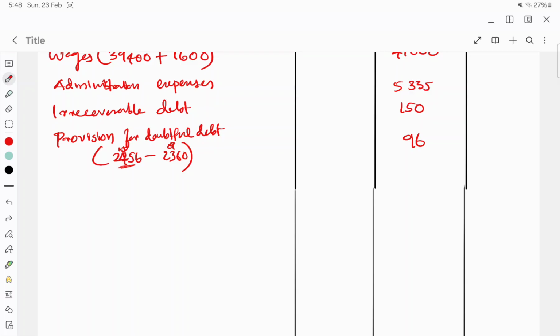You are doubting that particular money will not come back, but this year also you are keeping. If it is covering last year's amount, then it is revenue for you. If it is crossing last year's balance, then it is an additional expense. The 96 is the additional expense you have to create as doubtful debt in your business this year.